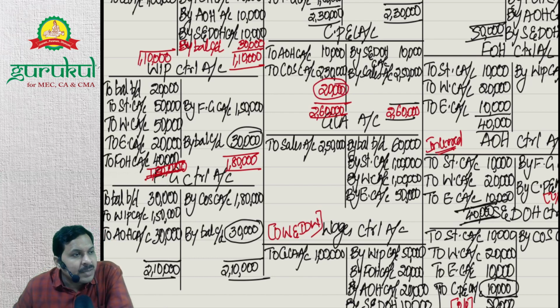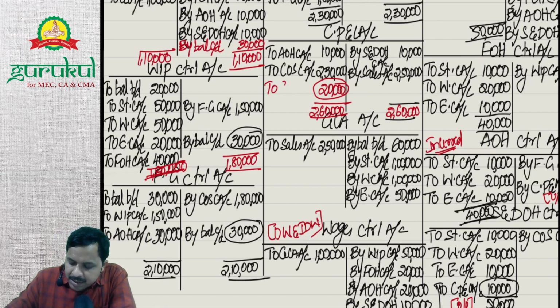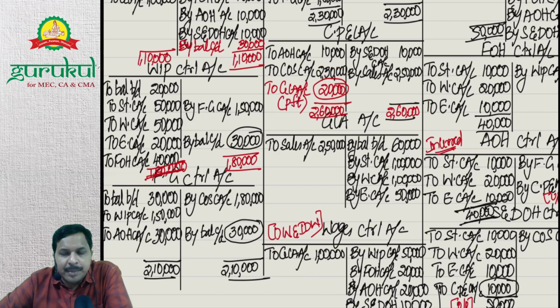Now, this profit, what should we do? We transfer it to GLA account. So finally, the profit will be transferred to which account? GLA account. We don't want any profit account, or no information of profit should be shown there. So therefore, the entry for profit is what? Costing P and L account debit to GLA account.